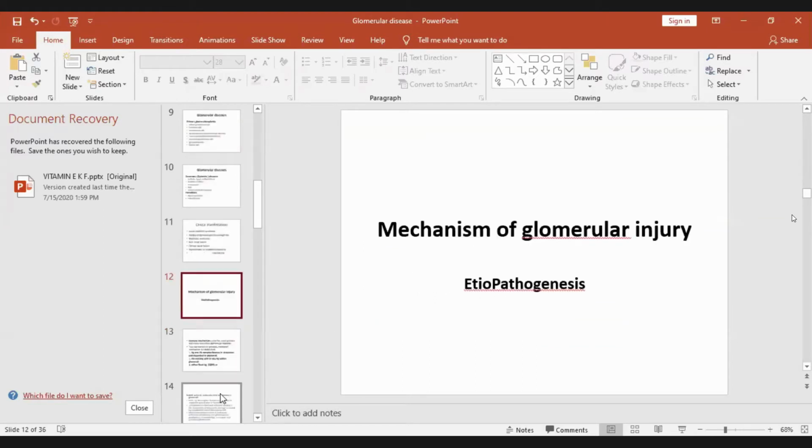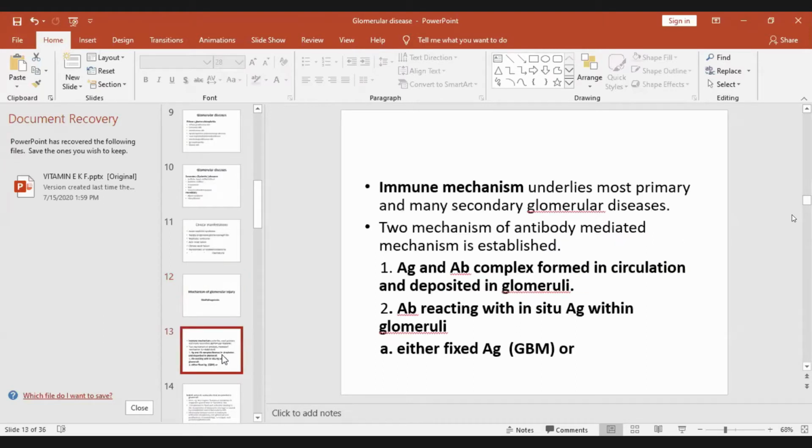Now, the mechanism of glomerular injury. You must understand this etiopathogenesis, which will come up in all the coming lectures. Most of the diseases are immune mediated. Most primary and some secondary glomerular diseases involve an immune mechanism, and two types of immune mechanism are involved. One is antigen-antibody complex formed in circulation and deposited in glomeruli.